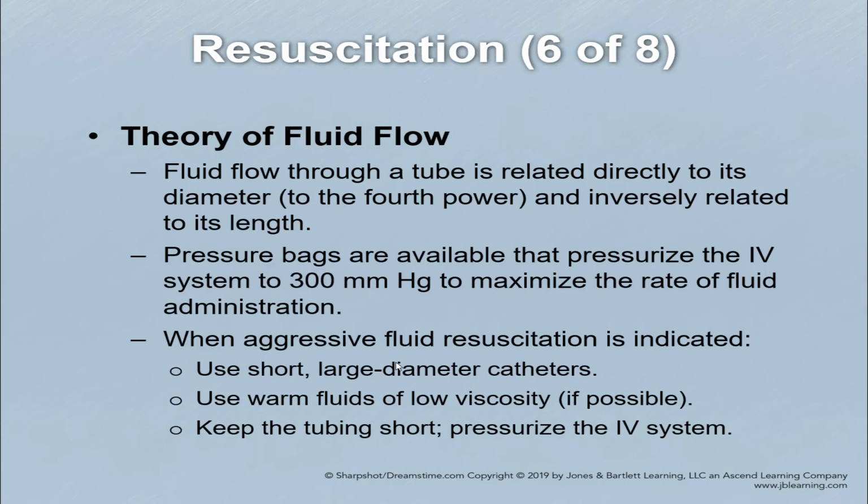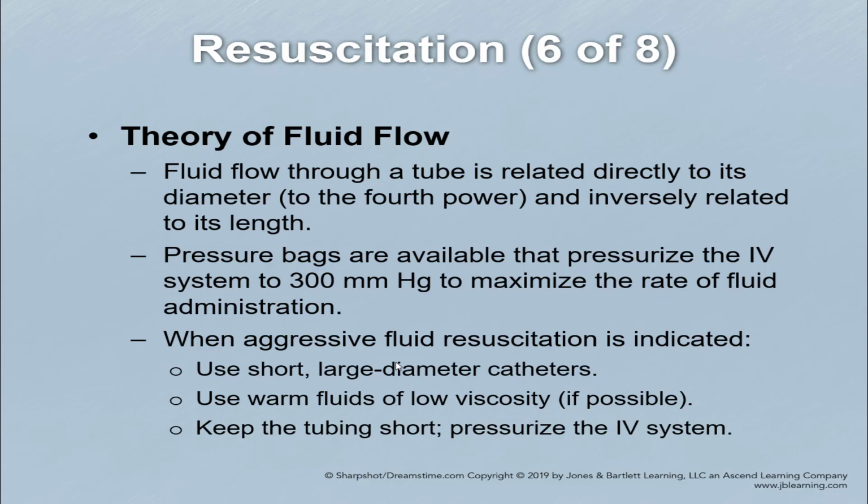It does. So another way that we can increase the amount of fluid that we get to the patient is we choose, one, a larger diameter, shorter catheter. We can also pressurize the system and put pressure bags on them. Granted, most EMS agencies do not have pressure bags, but they do have blood pressure cuffs. With that being said, that is not the correct way to do it.